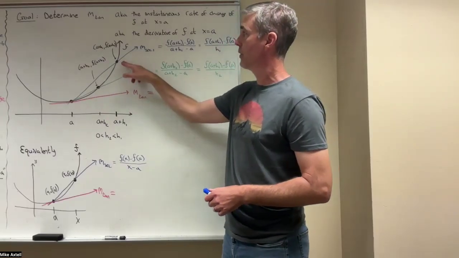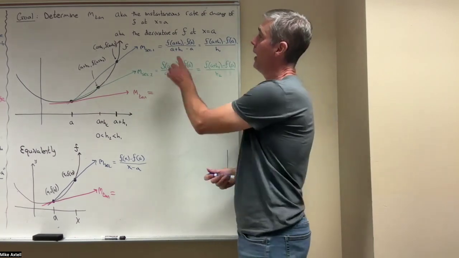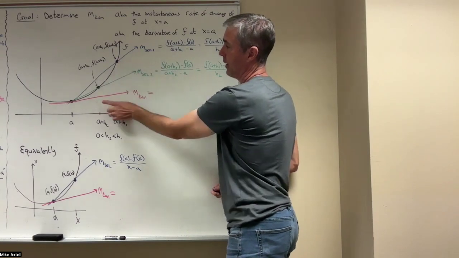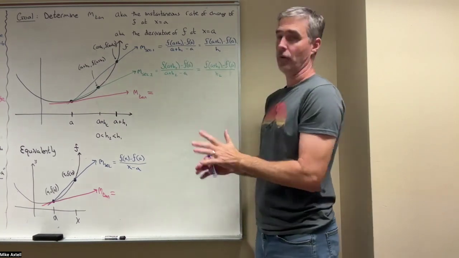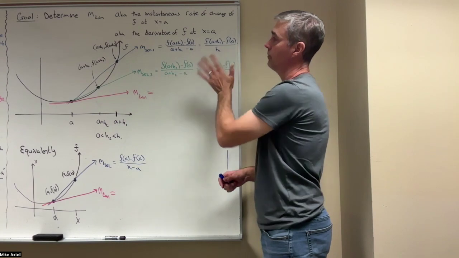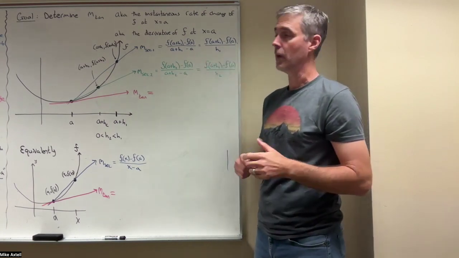Connect those 2 points with a line, and I can calculate the slope of that secant line as the change in the y values, so f of a plus h1 minus f of a all over a plus h1 minus a. Now, I note that the a minus the a knocks itself out, and I just have an h1 in my denominator, okay?